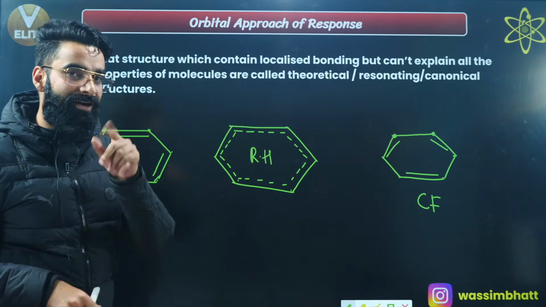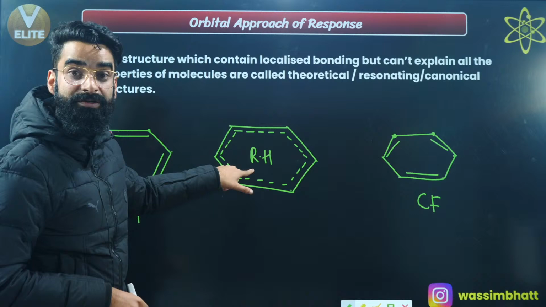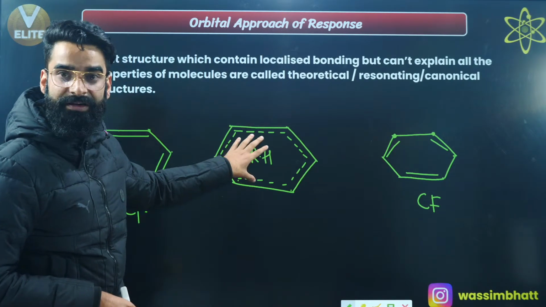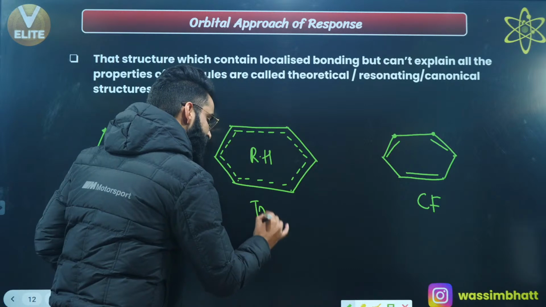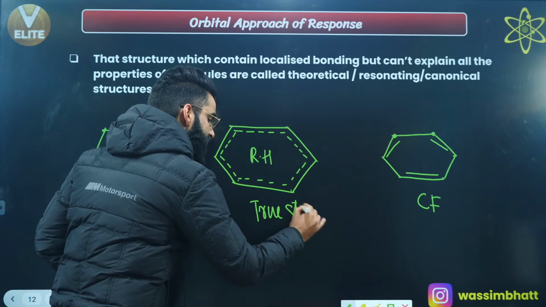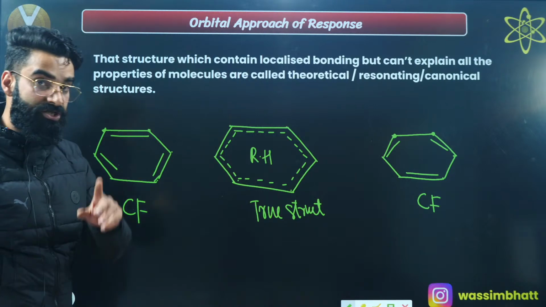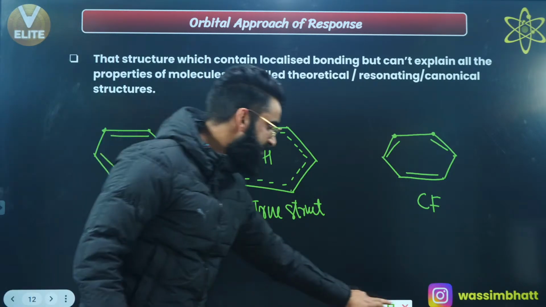Okay, and let me tell you, this resonance hybrid is what we call the true structure of the molecule. I'm sure you got the concept of resonance exactly. So let me summarize it quickly.